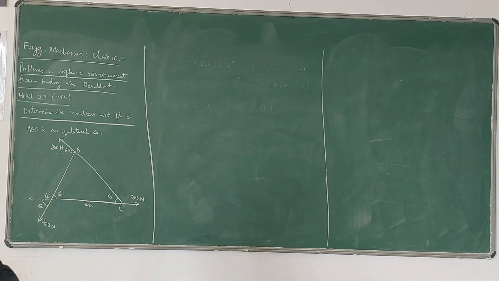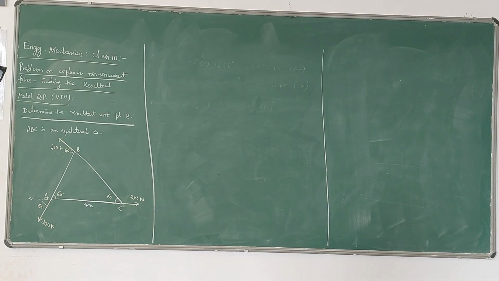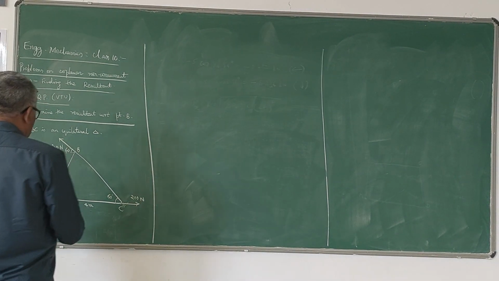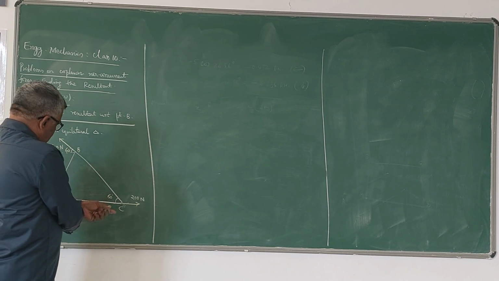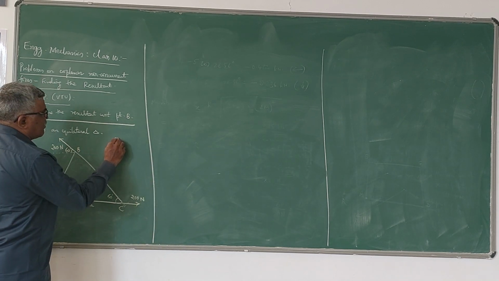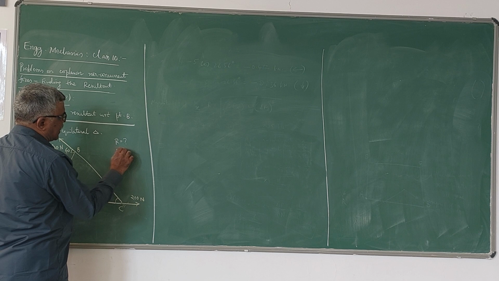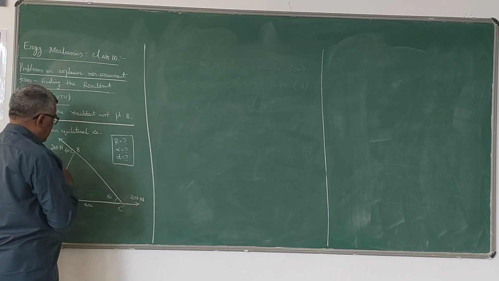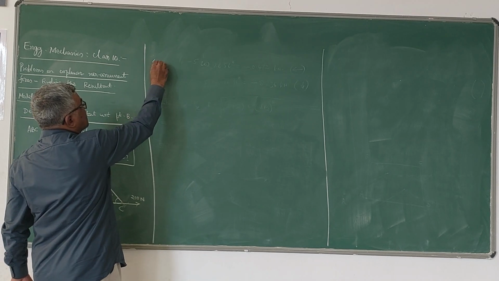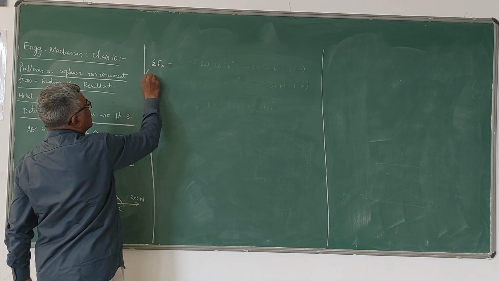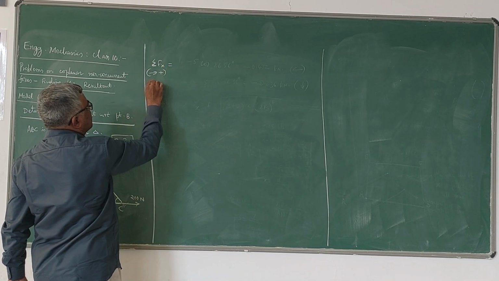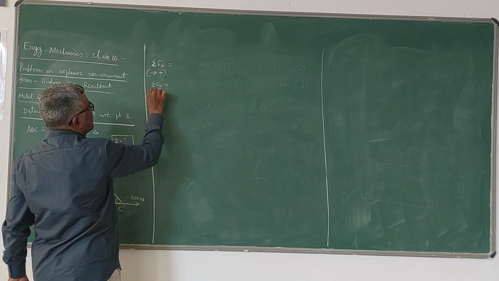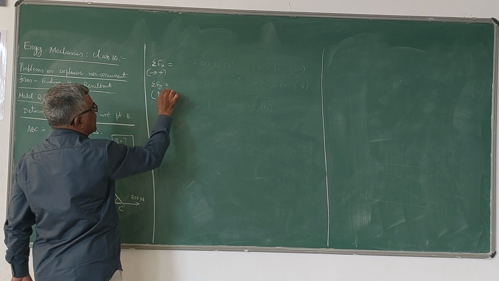In this problem, you can see that the procedure remains the same. We have to find magnitude, direction, position of resultant. So let me write sigma Fx and sigma Fy as usual. Forces acting towards right positive, sigma Fy upward forces positive, downward negative.